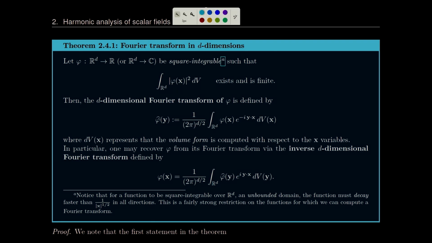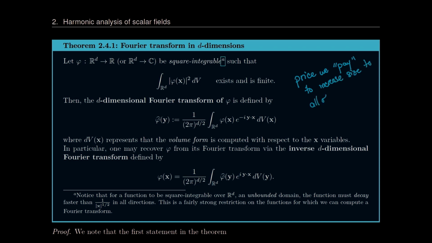Basically, the price we pay, and I don't even know if it's something to pay because it's almost just as easy to work with, so I'll put that in quotes, the price we pay to increase the size to all of Rd is an integral instead of a sum.